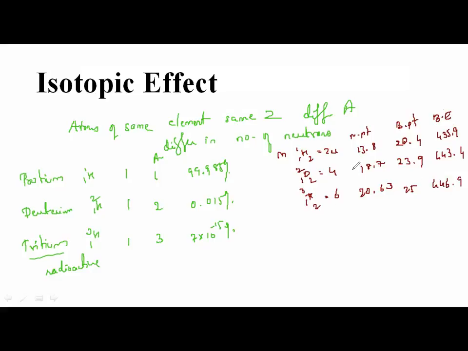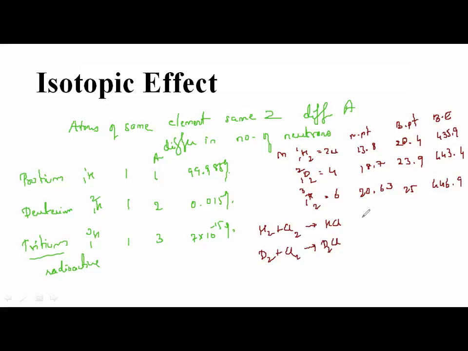So with all this, what do we mean by isotopic effect? In general, chemical properties of the isotopes are same, but there exist quantitative differences among them. Especially reaction between hydrogen and chlorine gives HCl. And if you take deuterium and chlorine, it gives DCl.